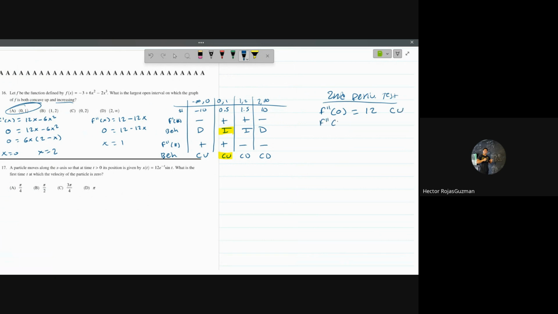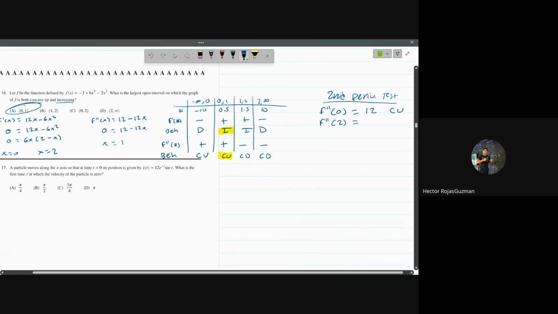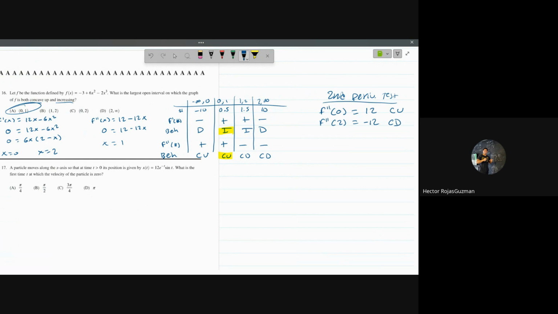Then you plug in 2. If you plug in 2 into your second derivative, you get negative 12, which is concave down. And we already know that at x equals 1, because that's a critical point, it's actually a point of inflection.